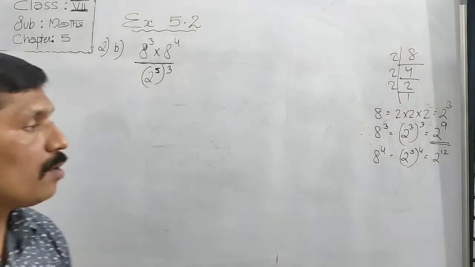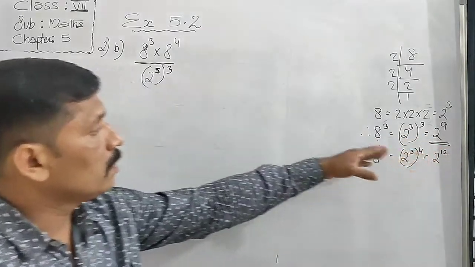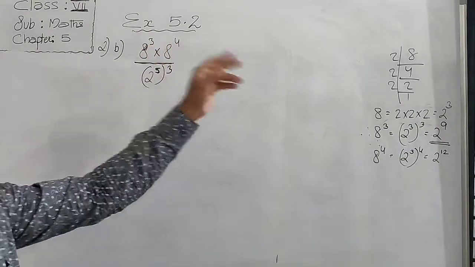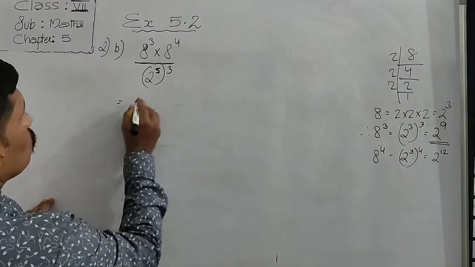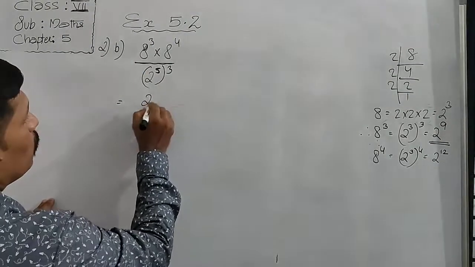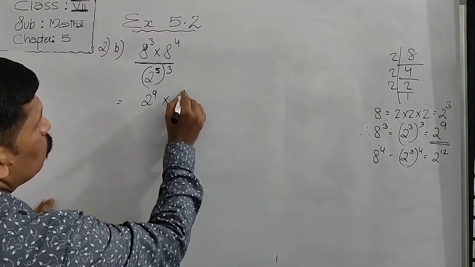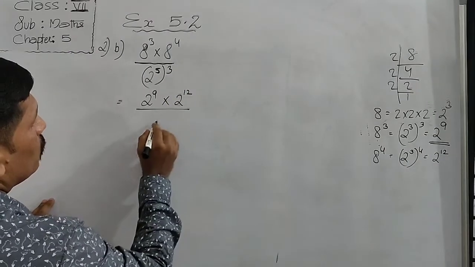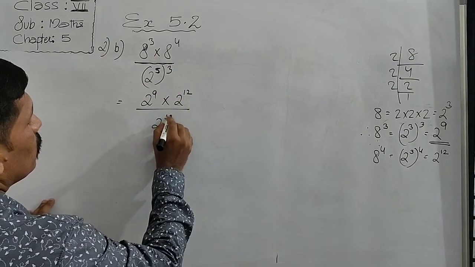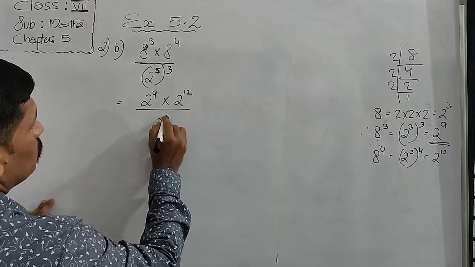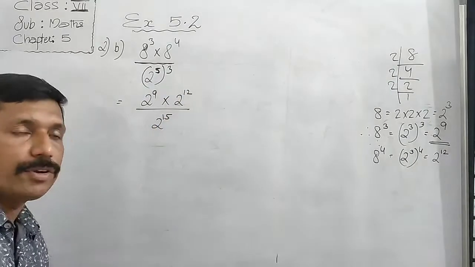So students, now I am replacing 8 power 3 and 8 power 4 by 2 power 9 and 2 power 12. So in place of 8 power 3 I am going to write 2 power 9, into 2 power 12, divided by 2 power 5 all power 3, means here 5 into 3, that is equal to 2 power 15.